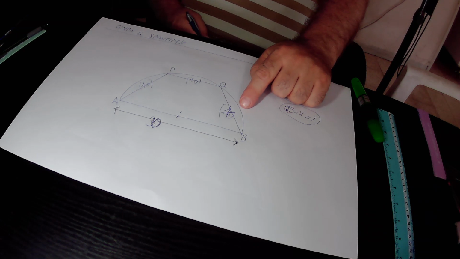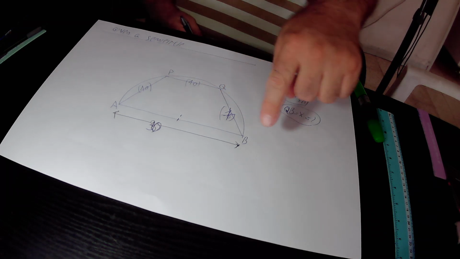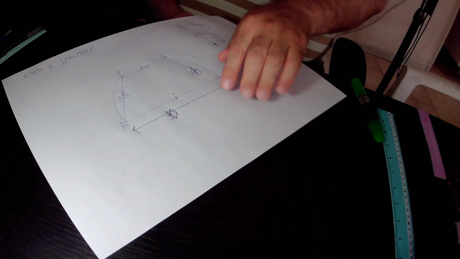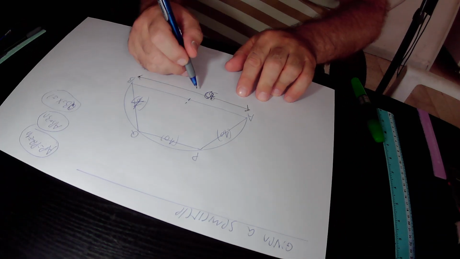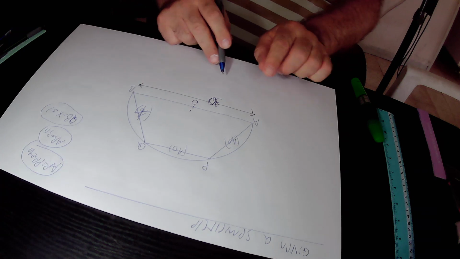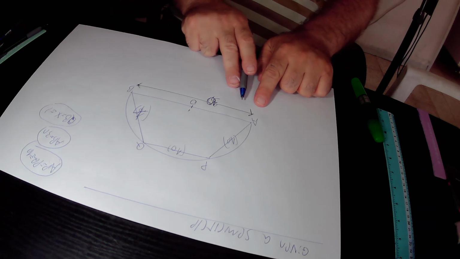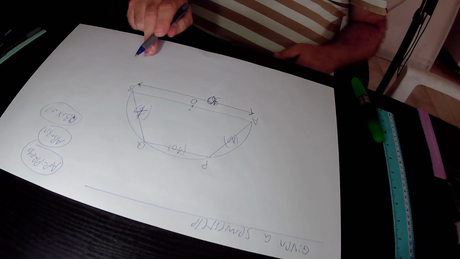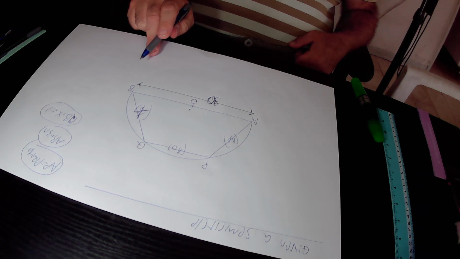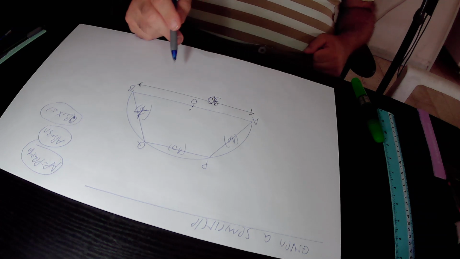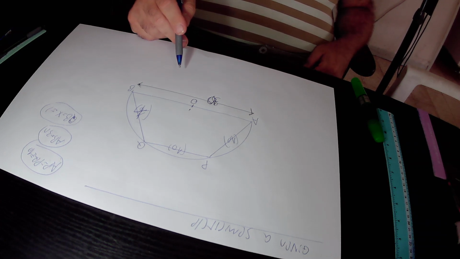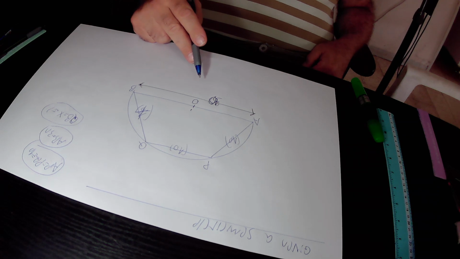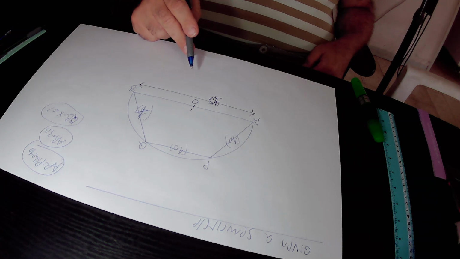So in the first step, we define the center of this semicircle. This point is point O. We know that the diameter of this semicircle AB equals 30 units. If the diameter is 30, the radius must be half of it, that is 30 over 2, which is 15.